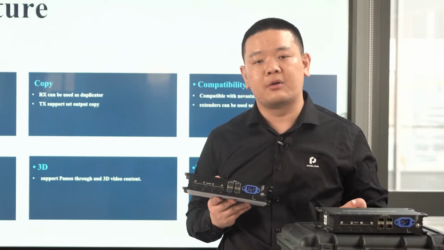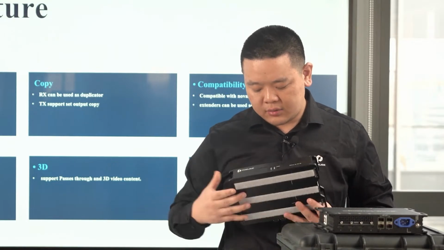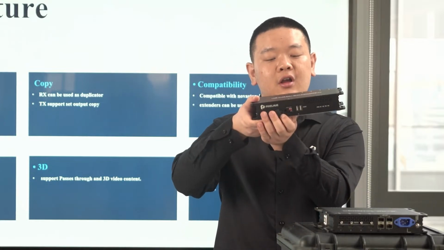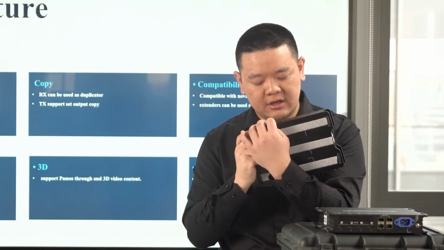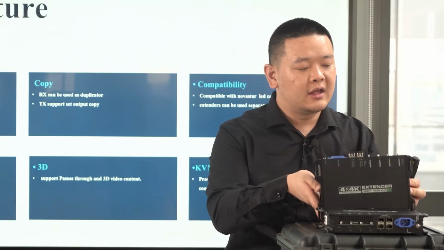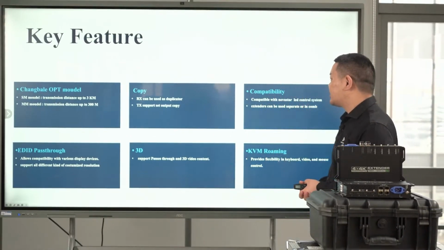So even if one cable is damaged, you can still use the other one. Oh, and by the way, here is the pin switch. We have some small functions here, but it's actually used for update and copy functions.